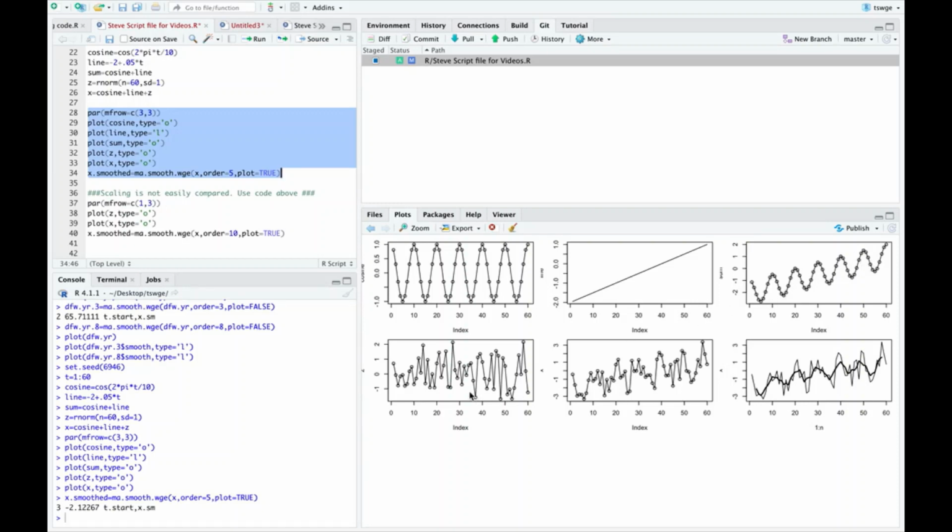Then plot D is the plot of the noise. That's the Z. And you can tell it's a mean of 0. The standard deviation of 1 comes into play. You can tell by the ups and the downs about how high and how low it goes. And then if we were to combine plot A plus B plus D, we end up with plot E.